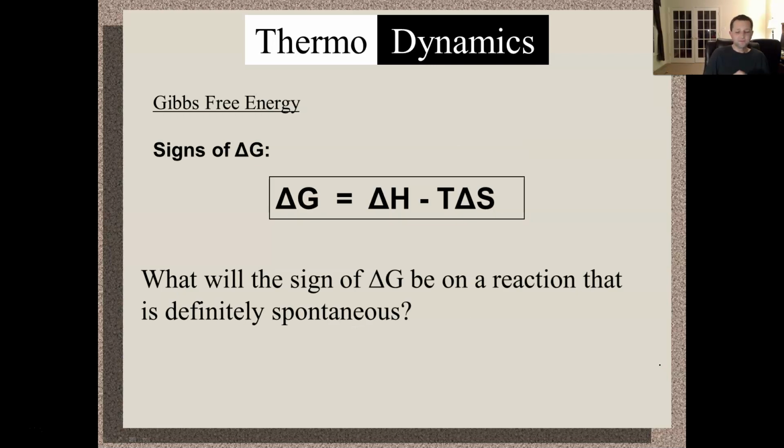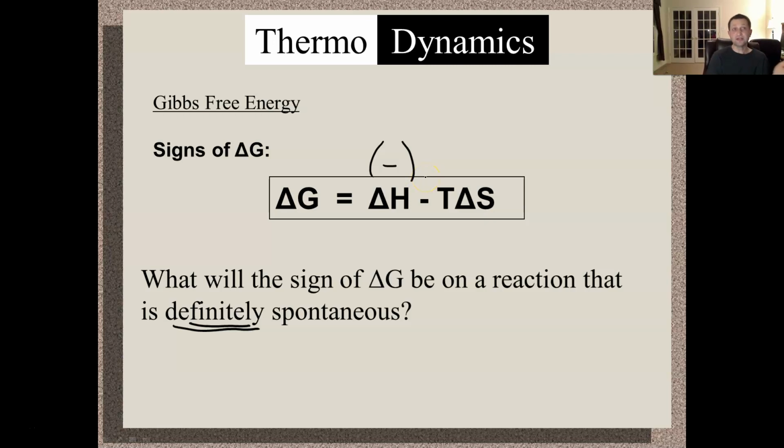And then let's focus on this question here, which is really, really important. What will the sign of delta G be on a reaction that is definitely spontaneous? This is a huge, big idea for what we're talking about right now. You want, for a definitely spontaneous reaction, the delta H is negative, right?